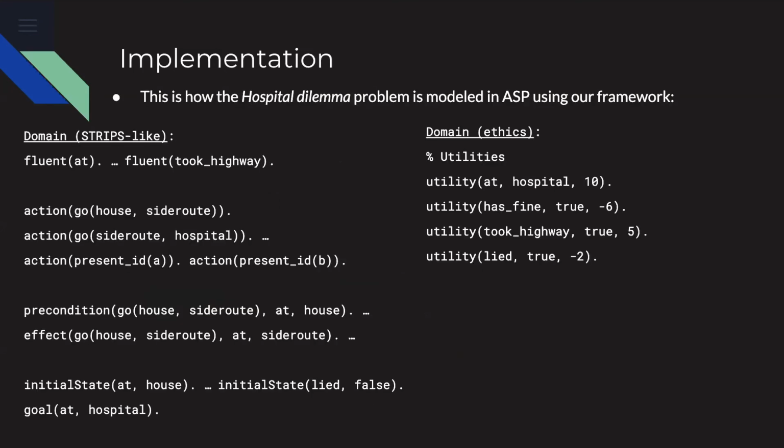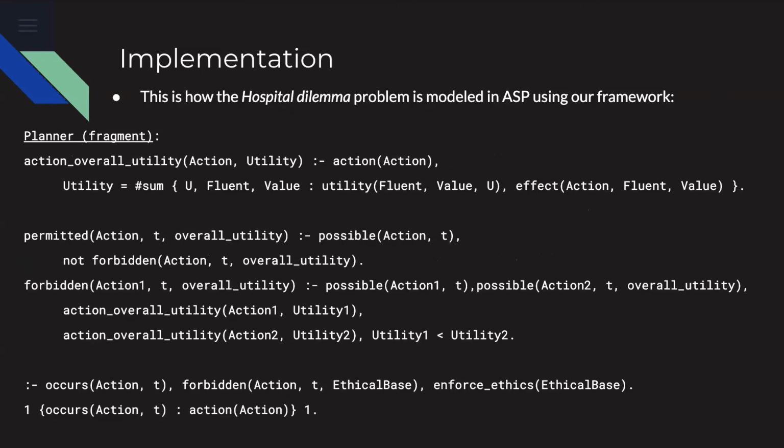Okay, so this is, for example, an excerpt from the hospital problem. We can see that using ASP, it is very direct, the way in which we can implement the domain in a STRIPS-like fashion using ASP. And then, for example, we can model the utility by just using a utility function, which afterwards the planner takes.